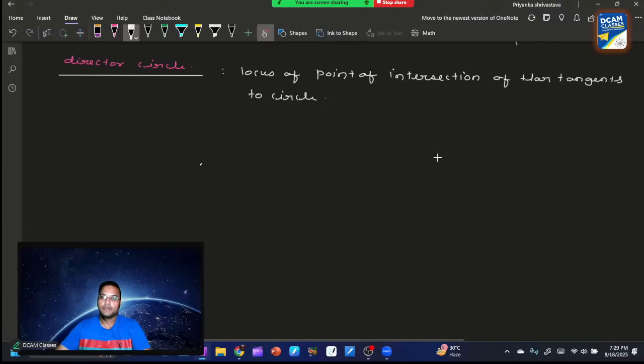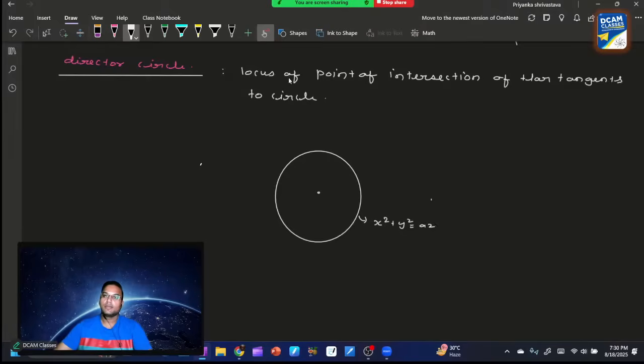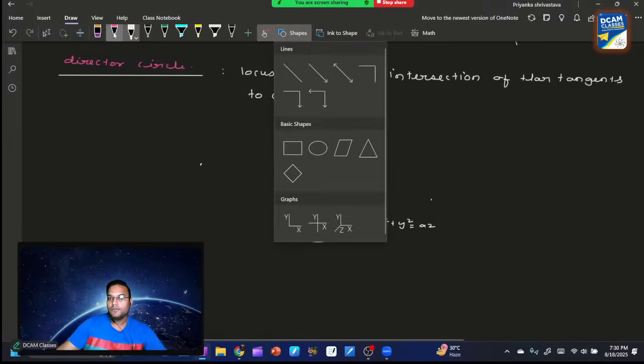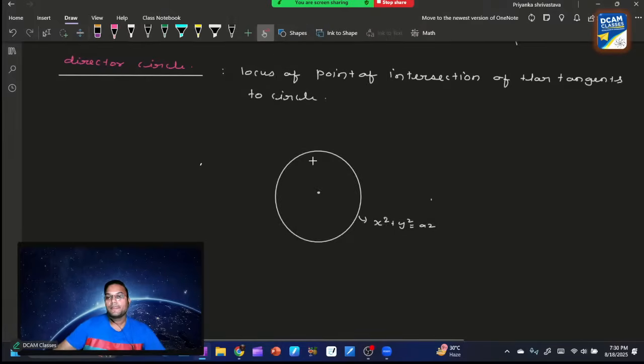And you will find here it's actually concentric with the original circle. Suppose I have given the equation of the circle x square plus y square is equal to a square. Since I have told you it is the locus of the point of intersection of perpendicular tangents, I'll draw one perpendicular tangent to each other here.